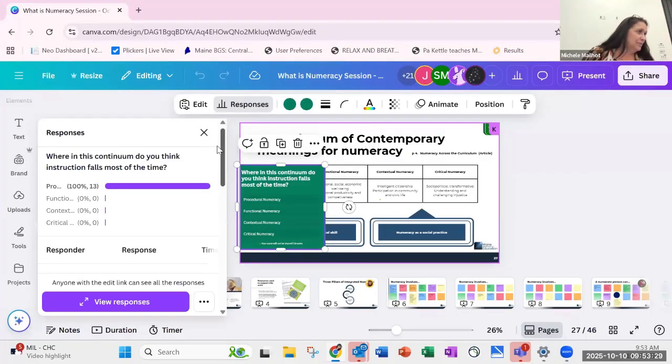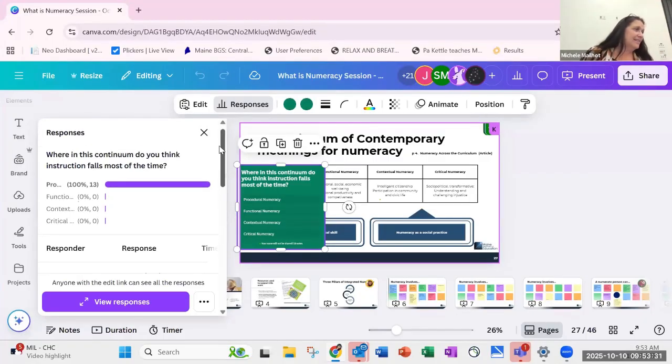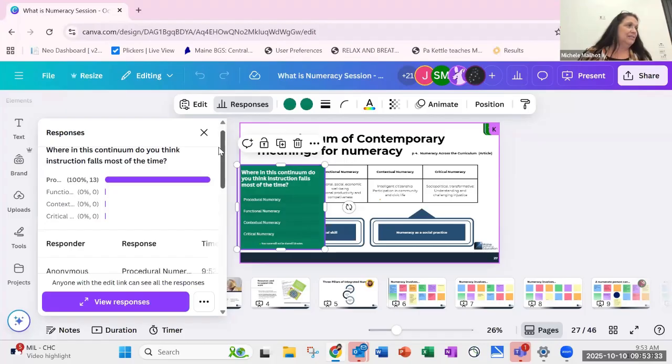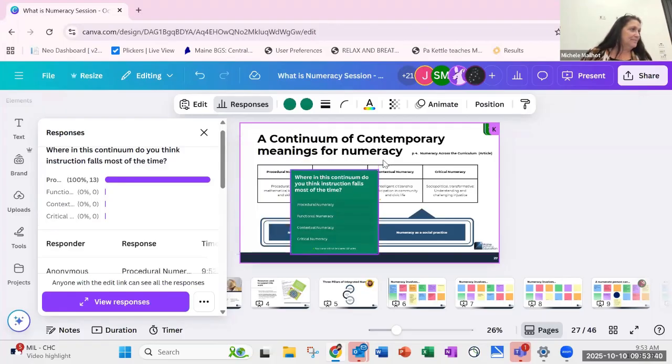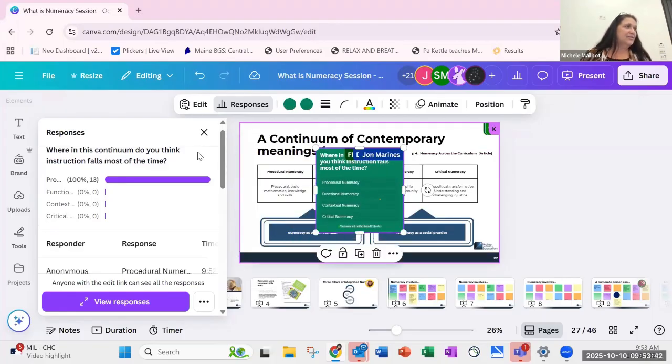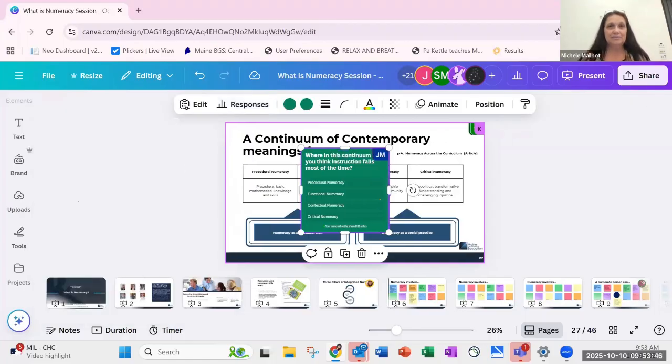And 100% are saying that we fall in the procedural, that our instruction is falling in the procedural continuum.